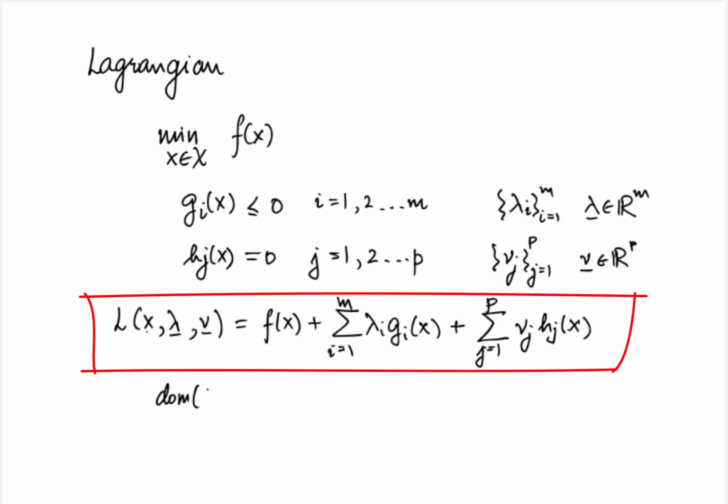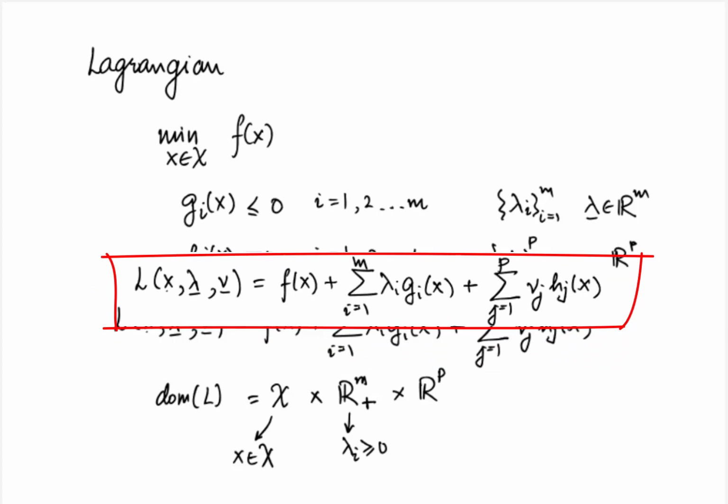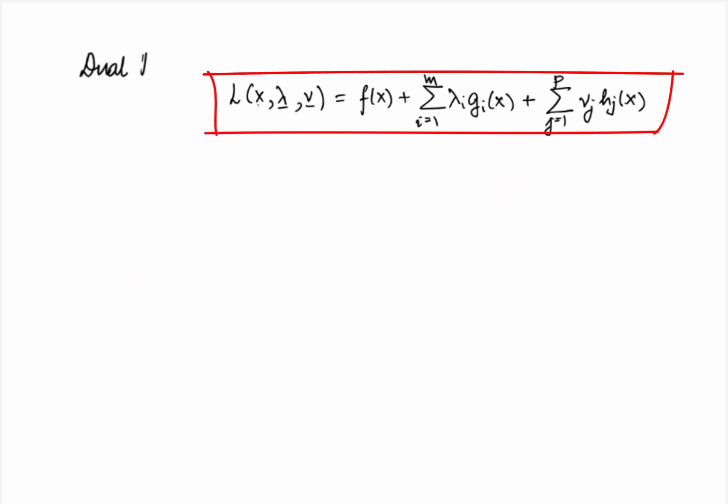The domain of the Lagrangian is calligraphic X cross R^m_+ cross R^p. That is, the Lagrangian is only defined for x belonging to calligraphic X and a non-negative lambda. The dual function is an extended real valued function of the dual variables and is given by q of lambda comma nu equal to min over x in calligraphic X, L of x, lambda, nu.